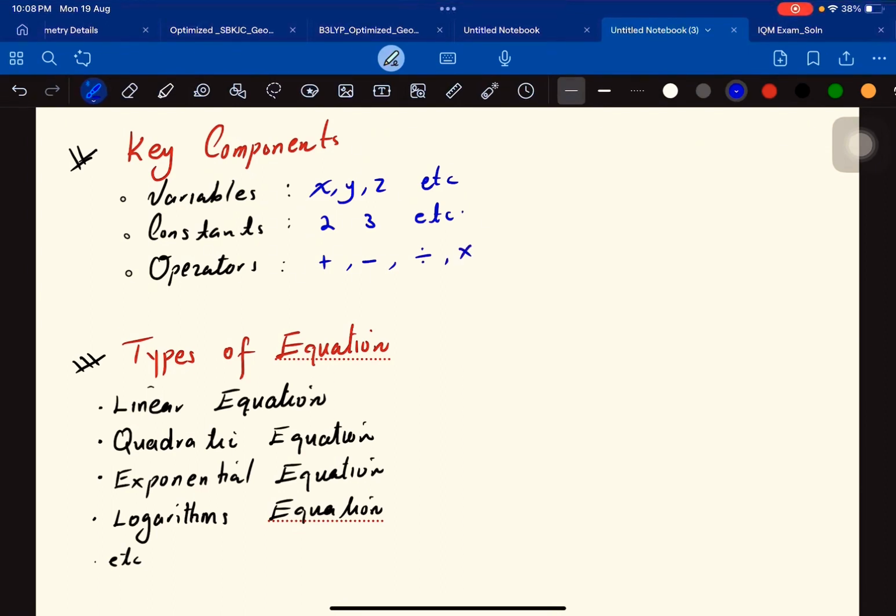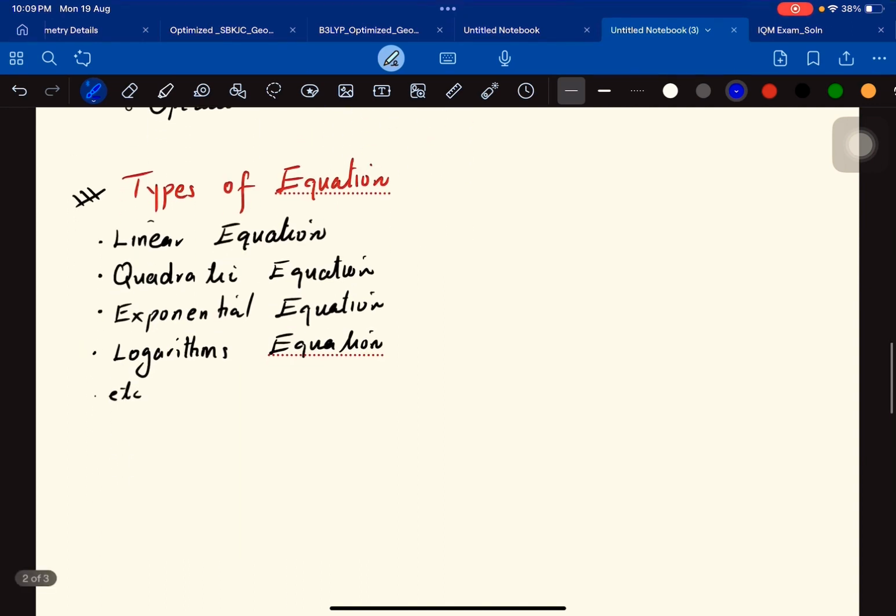So these are the types of operators that we are familiar with, though we have more operators aside from these four.